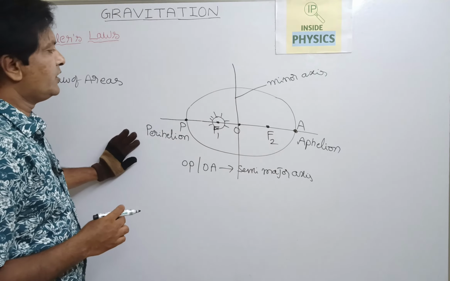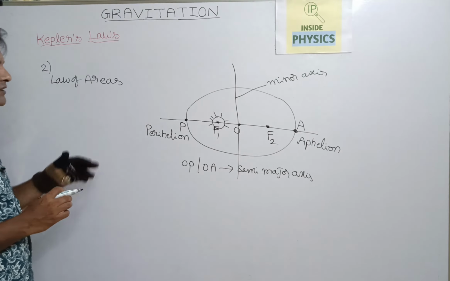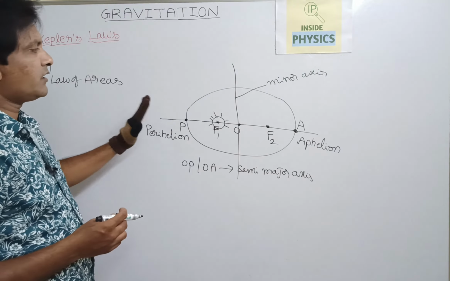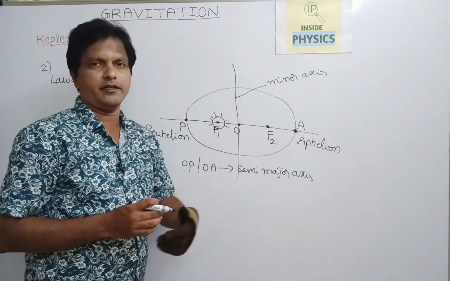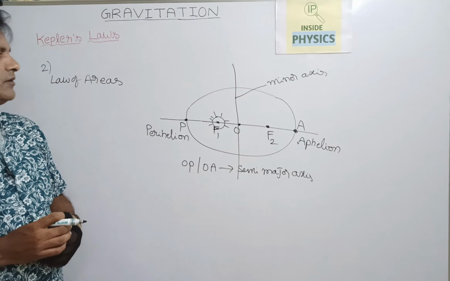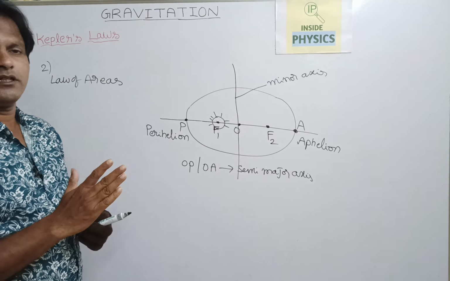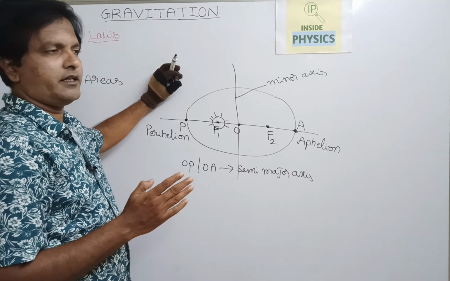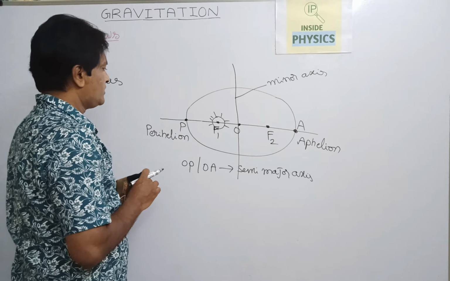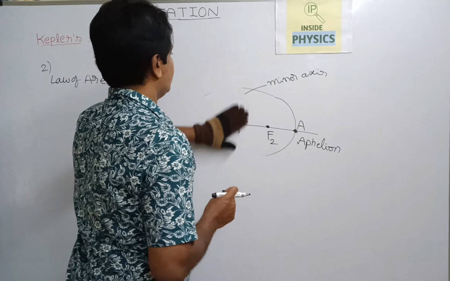If you are trying to understand what area this is, it is the area covered by the line joining the sun to the planet. The line joining the sun to the planet sweeps out equal areas in equal intervals of time. We will see that in a clear explanation.